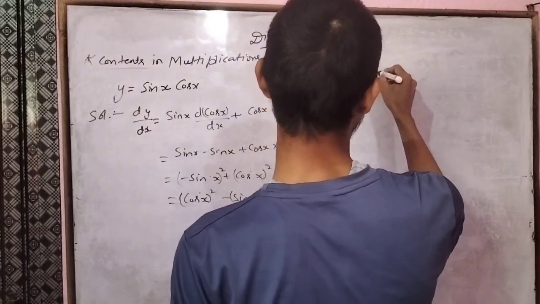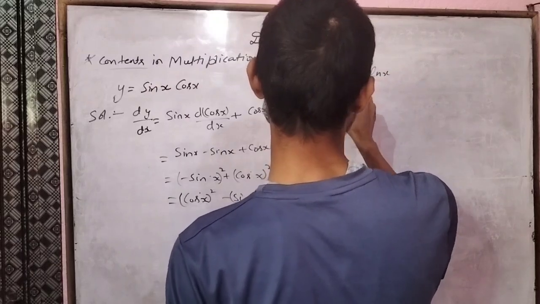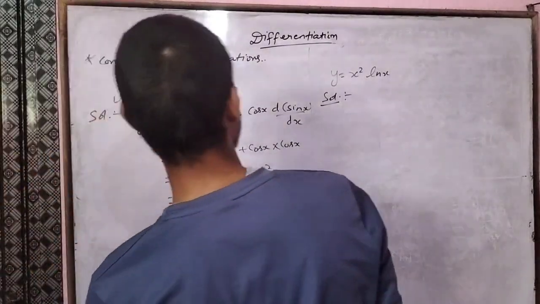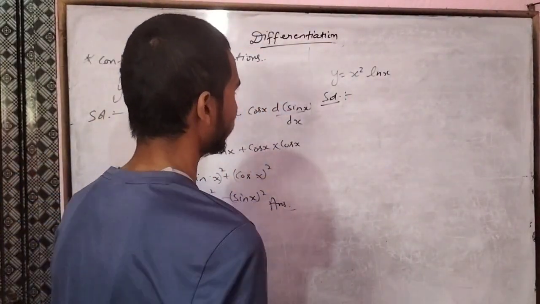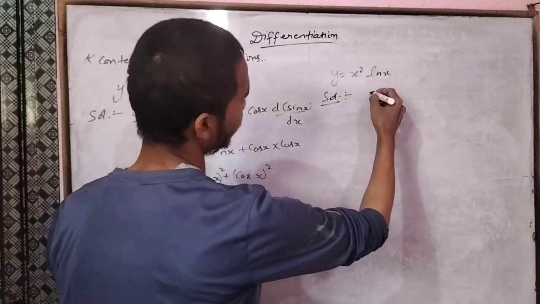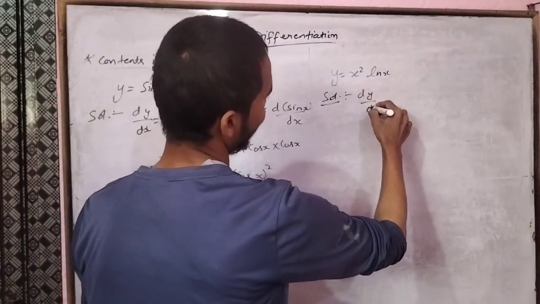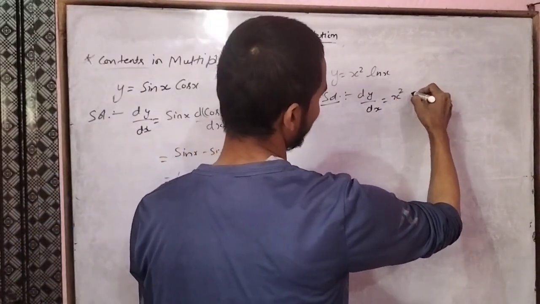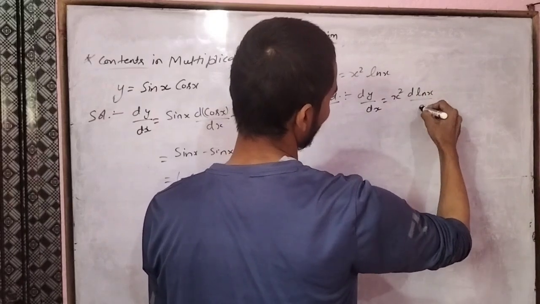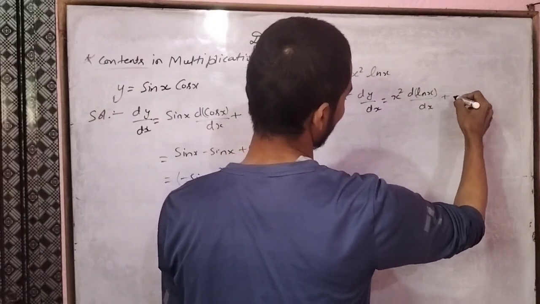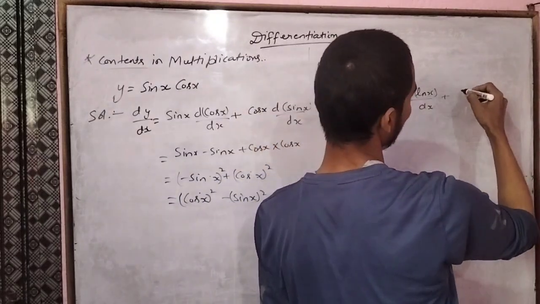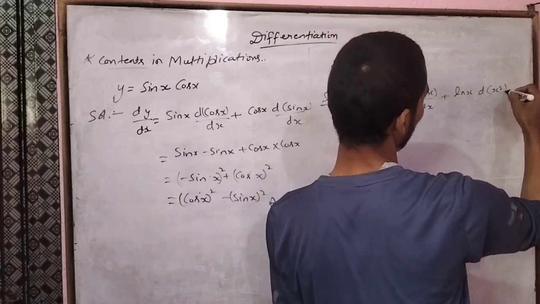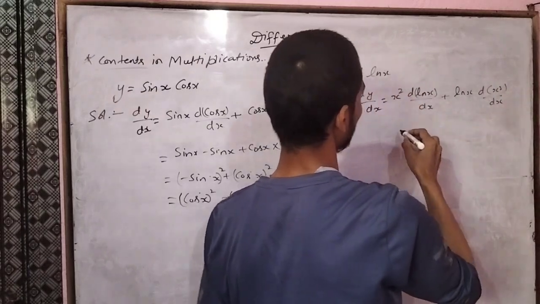Now next, x square ln x. So we can write x square as it is, then ln x, and then ln x and d x square by dx.